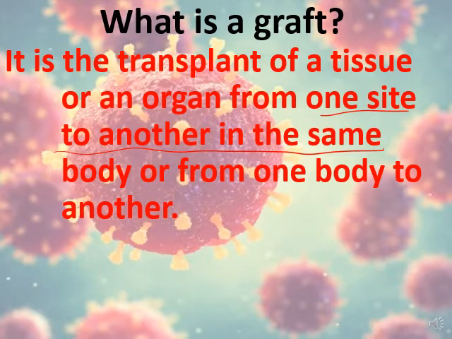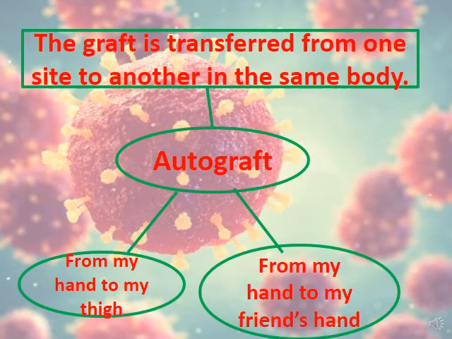Here we have different types of grafts. Let's start with the first type. The first type is called autograft. Autograft, definition: the graft that is transferred from one side to another in the same body.